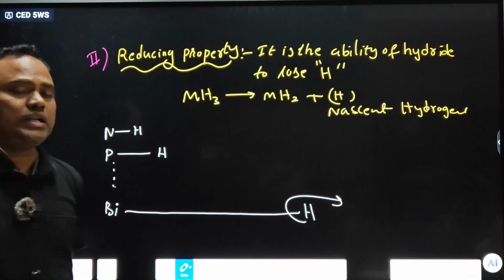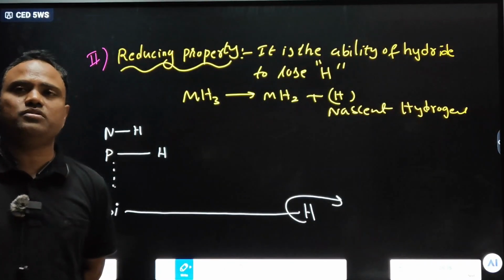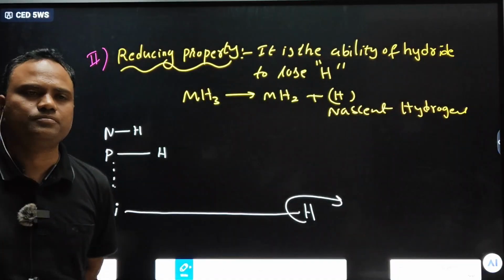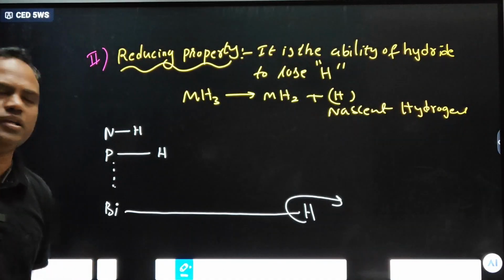So which hydride reduces more, meaning it has more reducing property? BiH3, bismuthine.